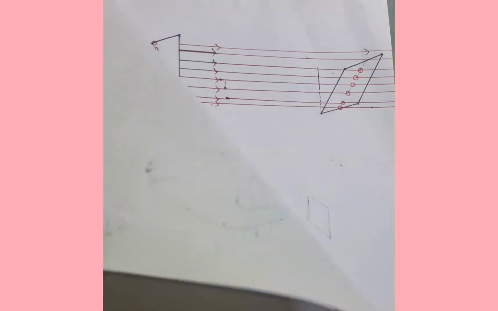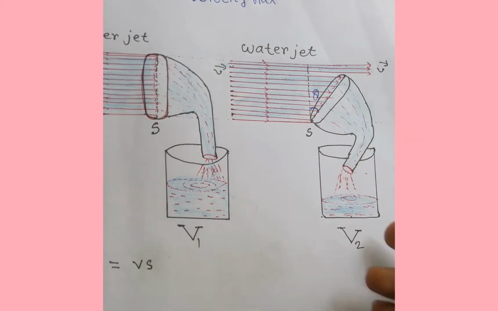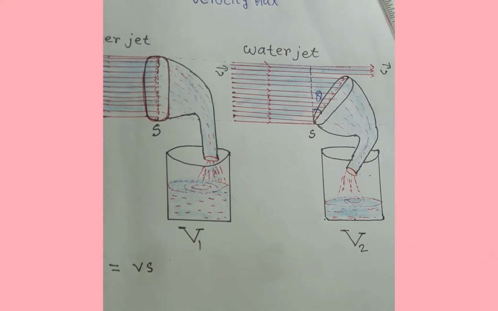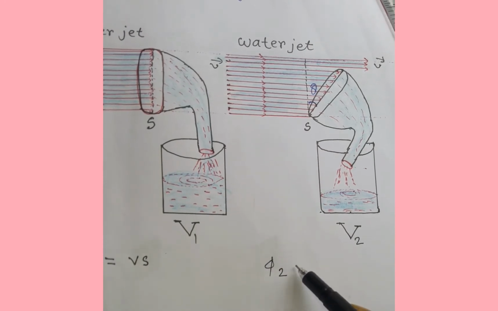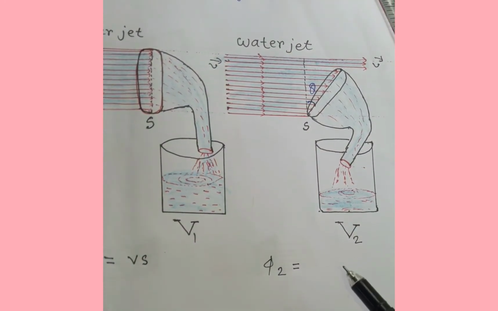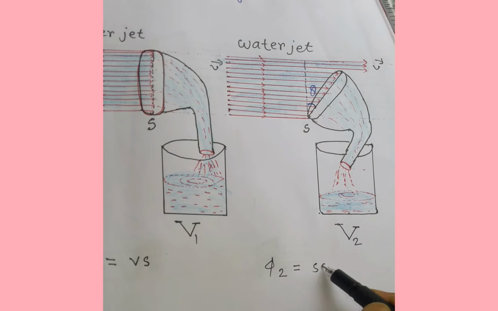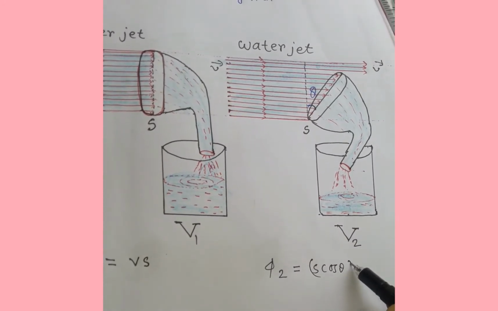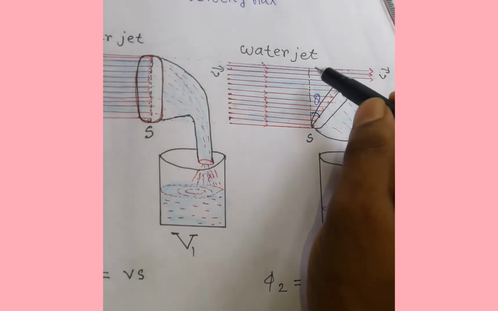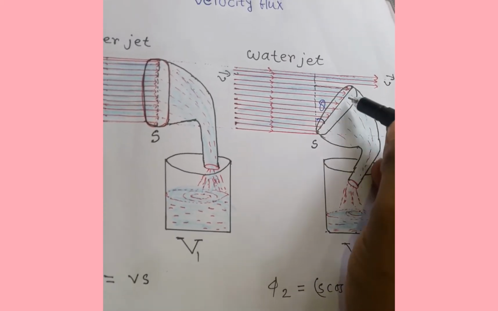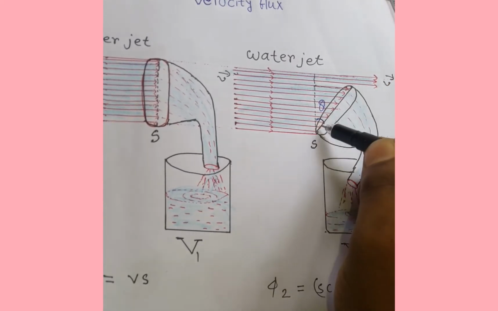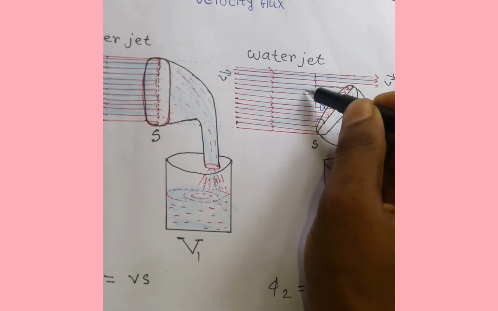Now, the rate of flow in the second figure is given by phi 2 equals S cos theta into V. Here S cos theta is the projection of the surface along the normal direction.